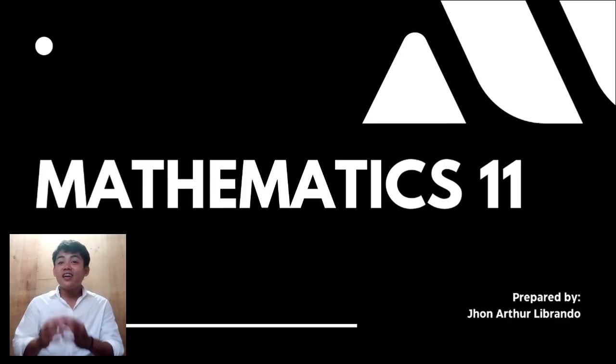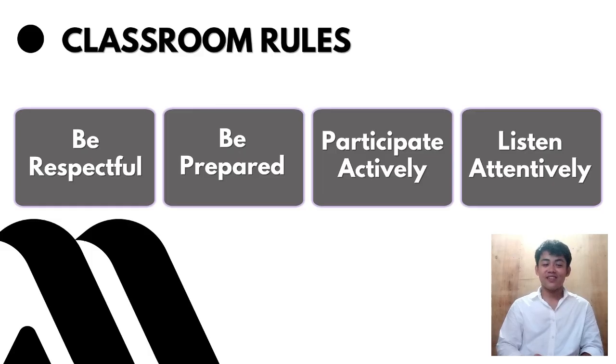Now in our classroom, we only have four rules. First is to be respectful. You should respect your classmates, especially your teachers as well. Next is to be prepared. When you come into my class, you should be prepared both mentally and physically.